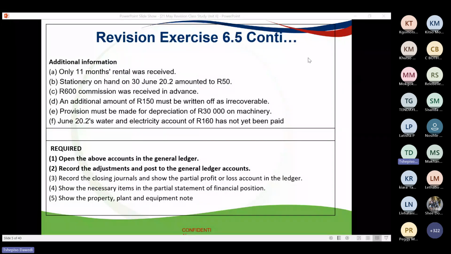Yes, okay, great. As I was saying, I will be taking you through the question, which is part 1: open the required accounts in the general ledger, and part 2, which is to record the adjustments and post to the general ledger.